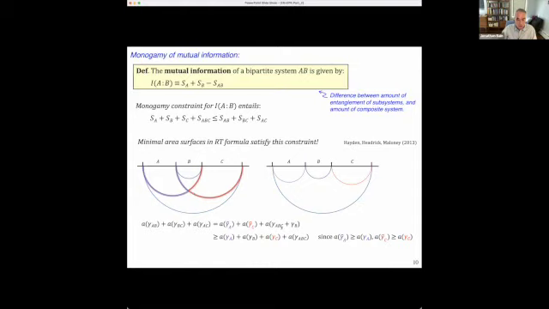And then the last term consists of the area of gamma ABC, which is a minimal area bulk surface with the same boundary as A union B union C. So that's this thin blue bulk surface, and gamma B is the thin blue bulk surface with the same boundary as B.